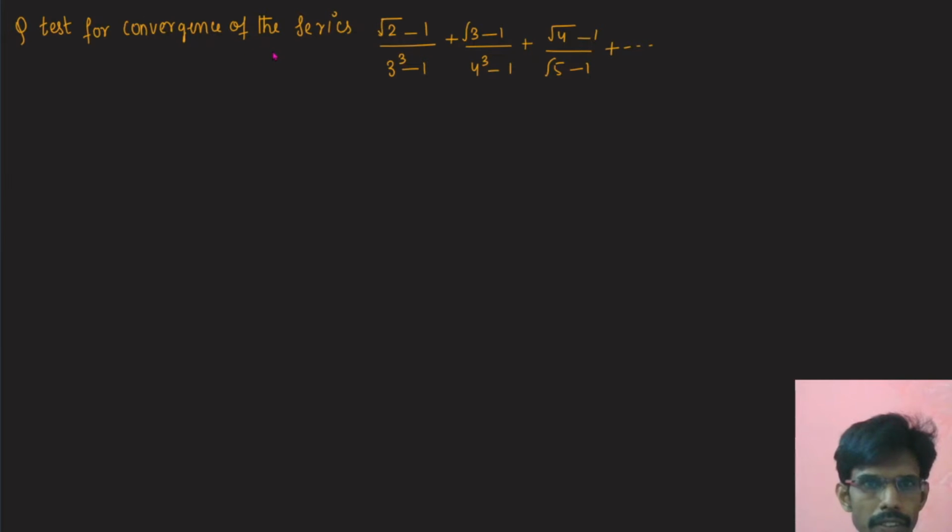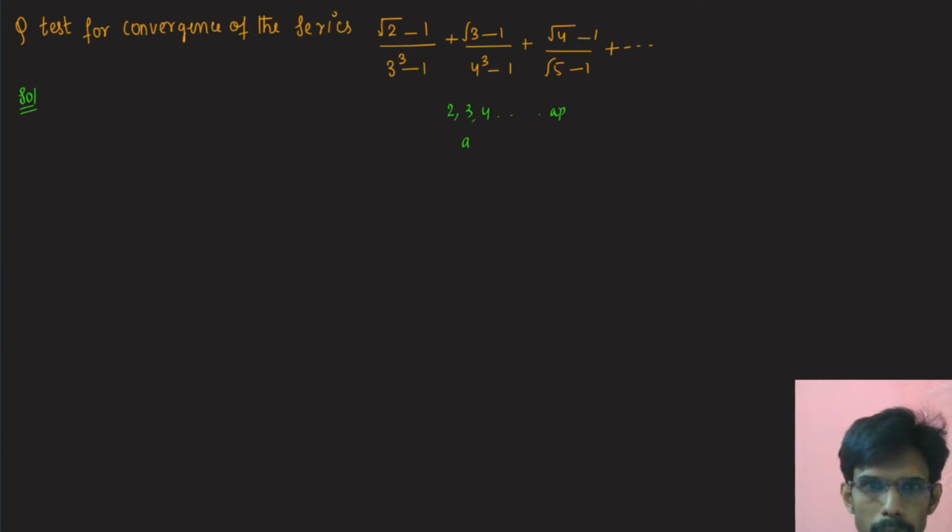Test for convergence of the series root 2 minus 1 by 3 cube minus 1 and so on. Now let us solve this question. See here we have in the numerator root 2, root 3, root 4. So inside this root we have 2, 3, 4 and so on, which are in AP, arithmetic progression.